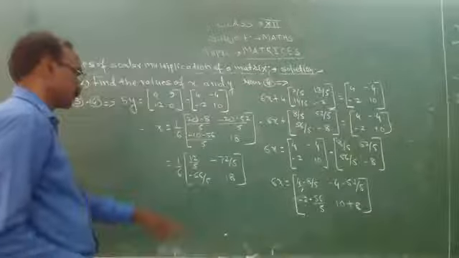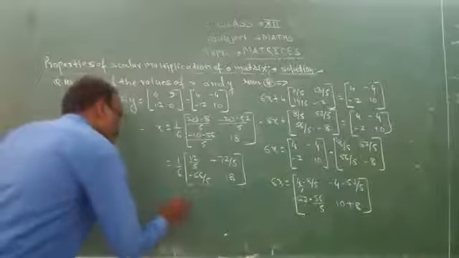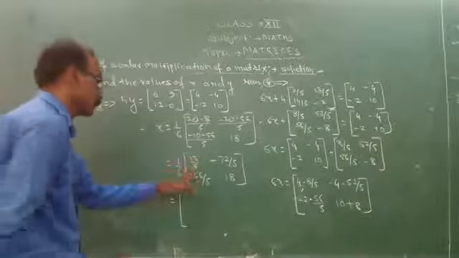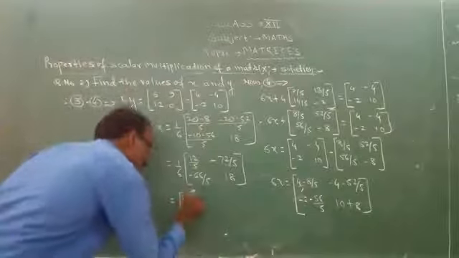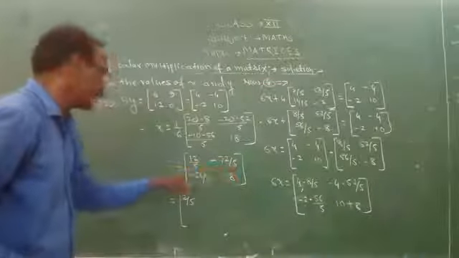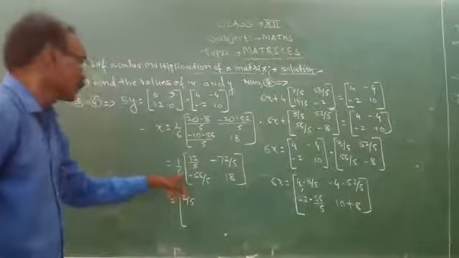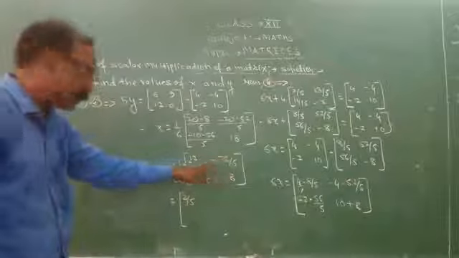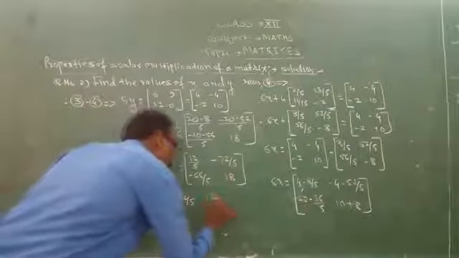Now we multiply by 1 by 6. 1 by 6 into 12 by 5 gives 2 by 5. Then minus 72 by 5 into 1 by 6, 6 times 12 is 72, so minus 12 by 5.